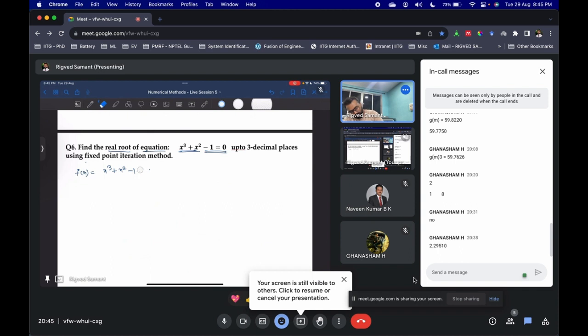This is your f of x. How will you calculate the initial guess? F of 0 is minus 1. F of 1 would be 1 cube minus 1 square minus 1, that is 1 plus 1 minus 1, equal to 1.